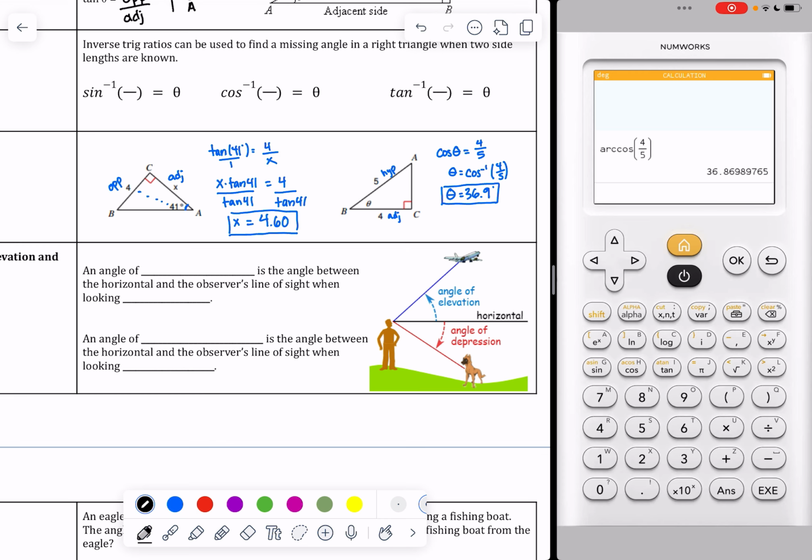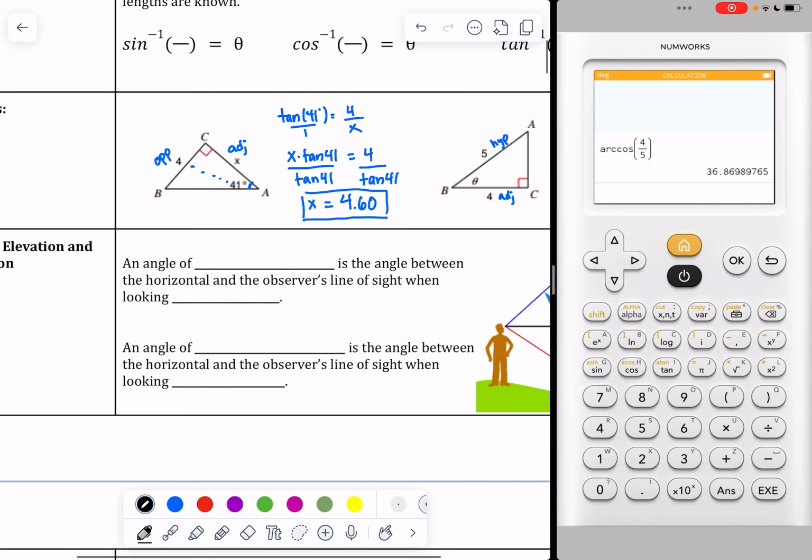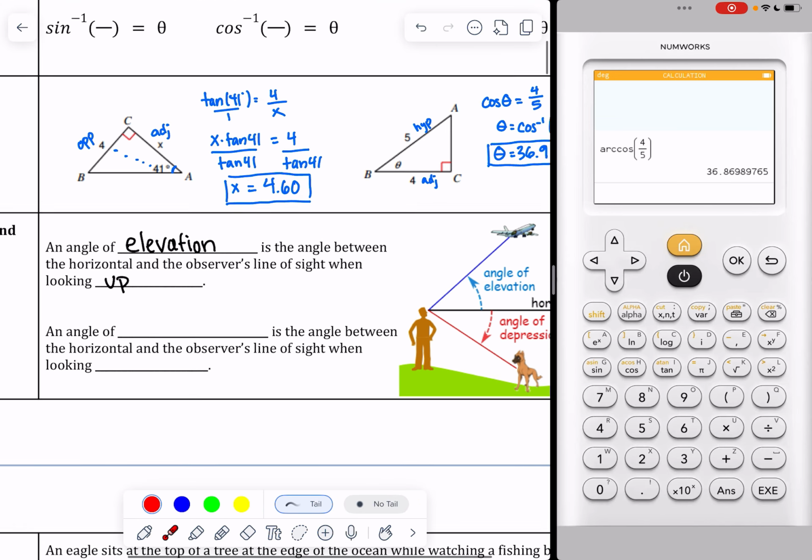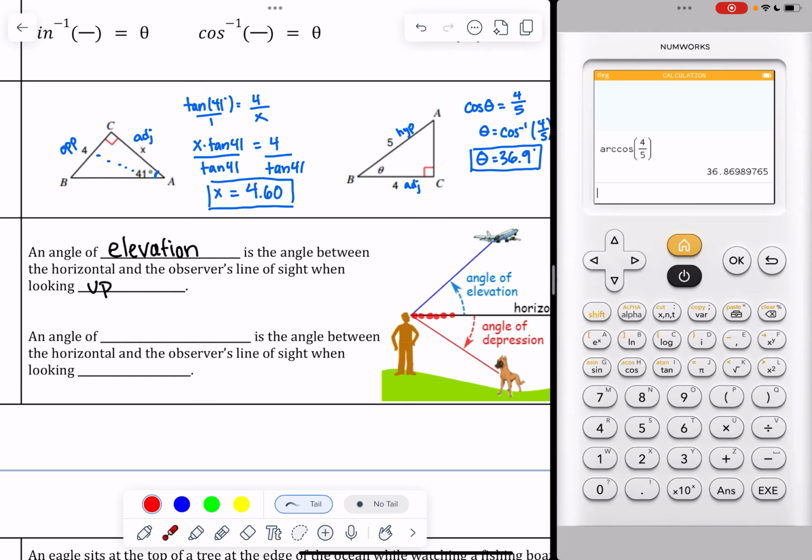And so what these are, an angle of elevation is the angle between the horizontal line of sight for someone when they're looking up. So when we look at this person here, their normal line of sight is just looking straight ahead.